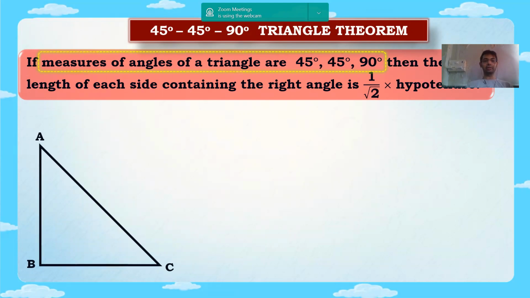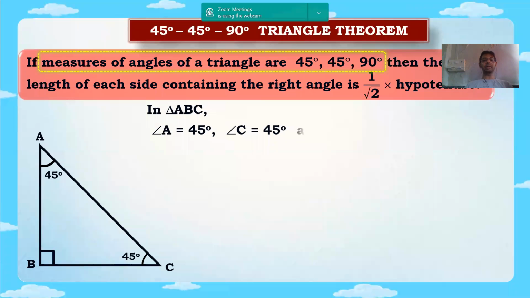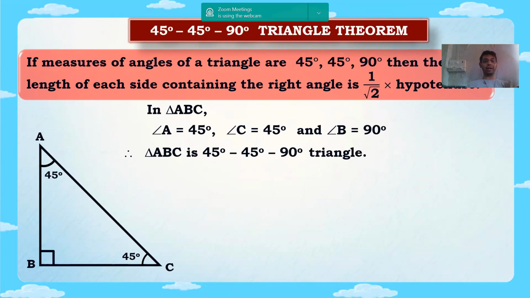So I'll take a triangle and if the measures of the angles are 45 degree, 45 degree, 90 degree, then what will happen? First we will write in triangle ABC, angle A is 45, angle C is 45 and angle B is 90 degree. Therefore this triangle becomes a 45, 45, 90 type of triangle.